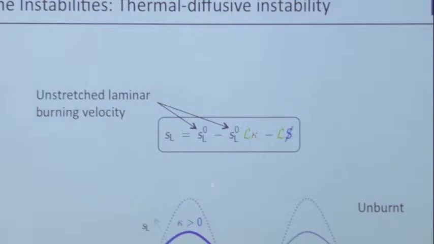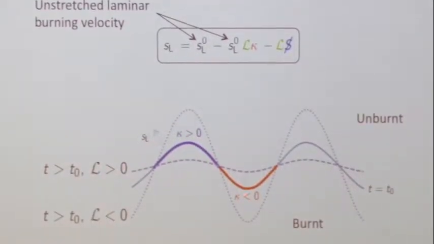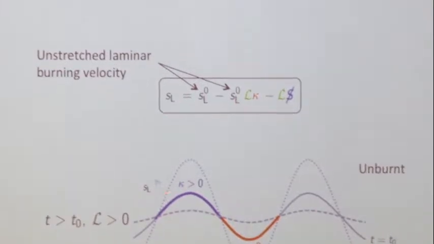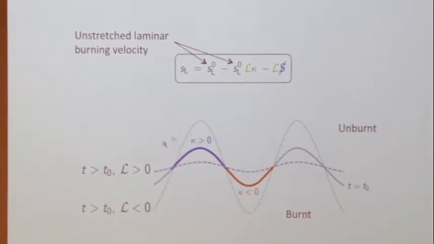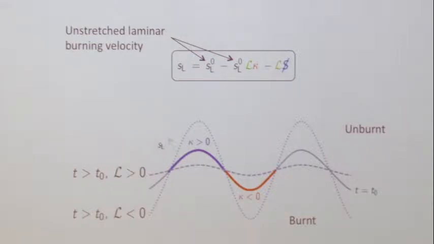What we saw was that if the Markstein number is large, then this has a very strong influence. If you start with an original perturbation like this, then the positive curvature will get slower and this will get faster, which has a stabilizing effect. The larger the Markstein length is, the stronger this stabilizing effect. So you have the hydrodynamic instability, which always wants to cause an instability, and then you have the Markstein number effect, which for a positive Markstein number tries to decrease the instability. For a negative Markstein number, it would just add to the instability. Okay?